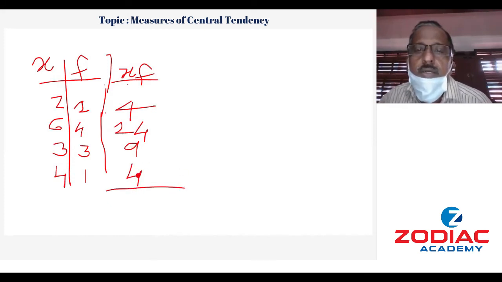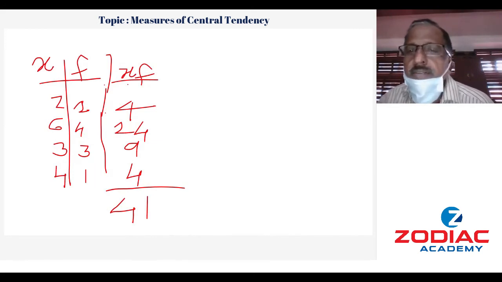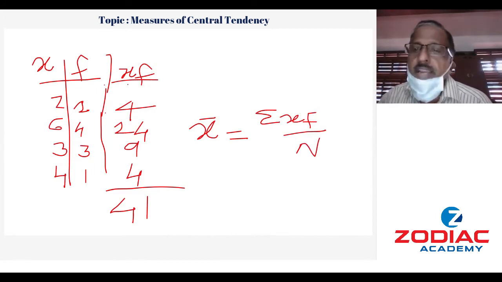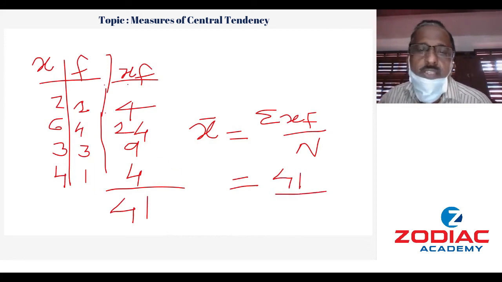The total is 41. Then therefore the arithmetic mean, x bar, is equal to sigma xf divided by N, where capital N is the total frequency, that is 10.